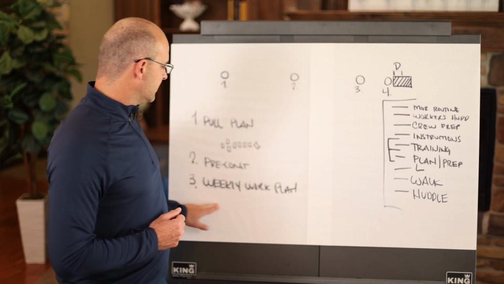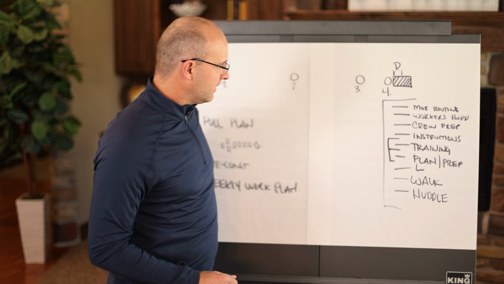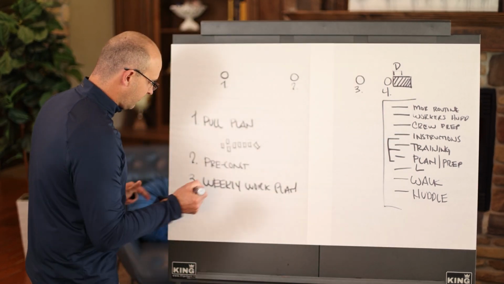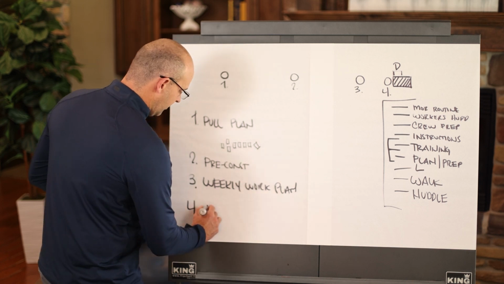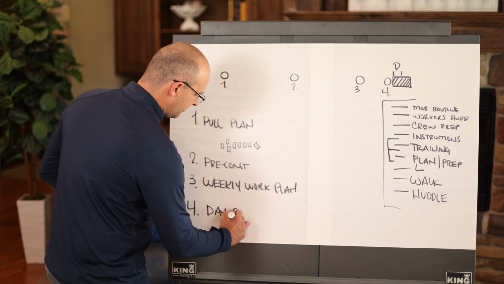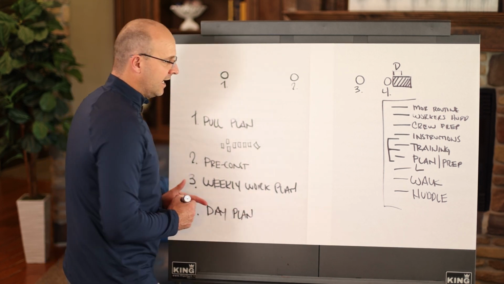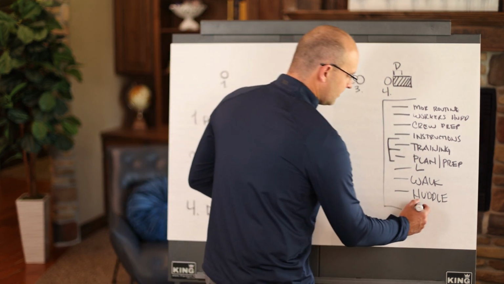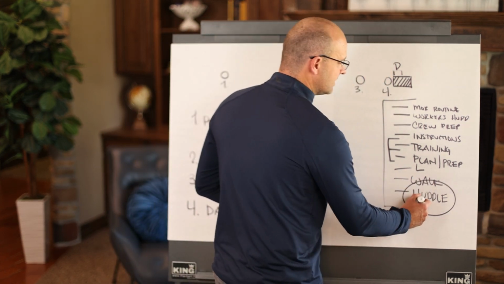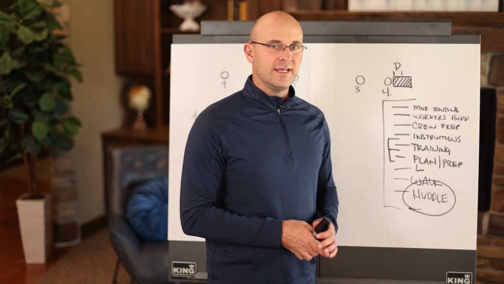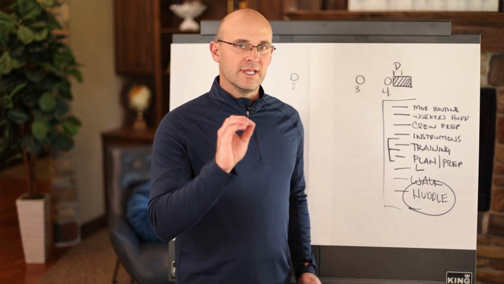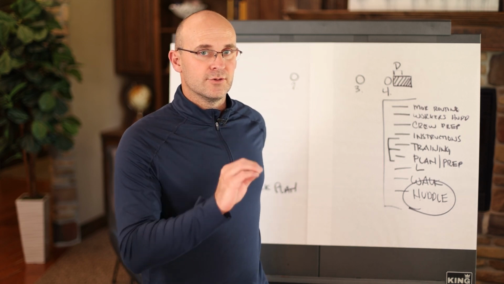The planning ends with at least the day plan, which is item number 4. And during the work, the crew leader will continue to plan, prepare, and teach. And I want to end with this and make sure that on a daily basis, everything that is needed for that crew is ready the day before so that they can be truly effective workers.